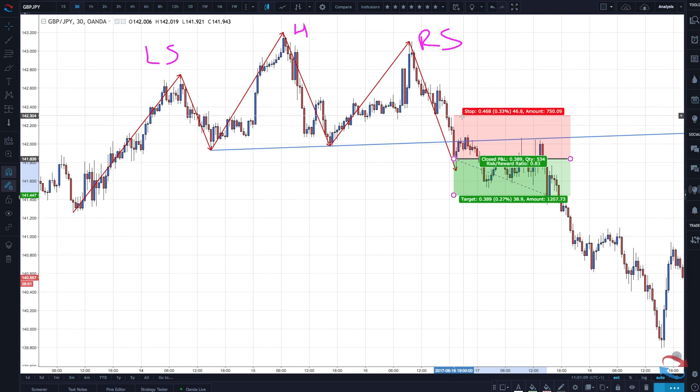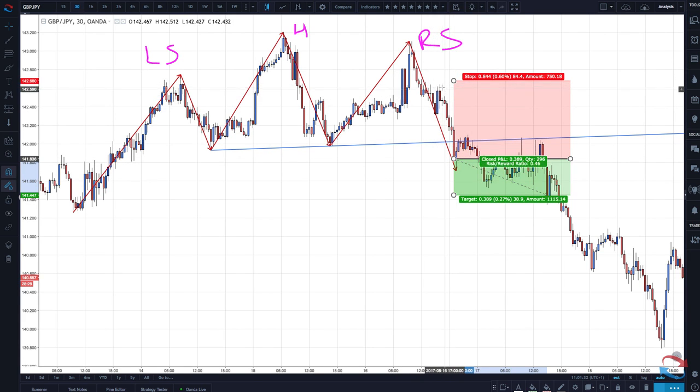Some traders may even just put their stop loss just above that candle's high. But for the safest place, it's recommended to put it at least above a recent swing, this being a pullback, this being the up move, and then the down move here.